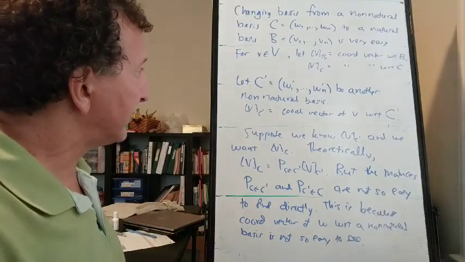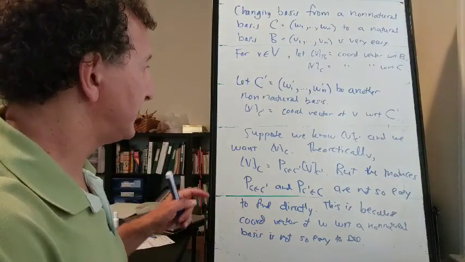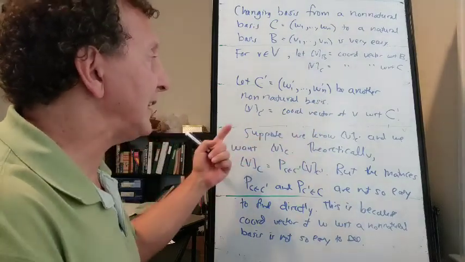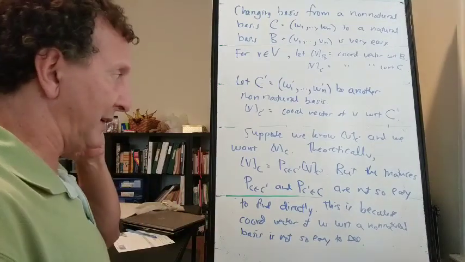But the trick is, if we convert from C prime to B and then B to C, each one of those two conversions involves one natural basis.